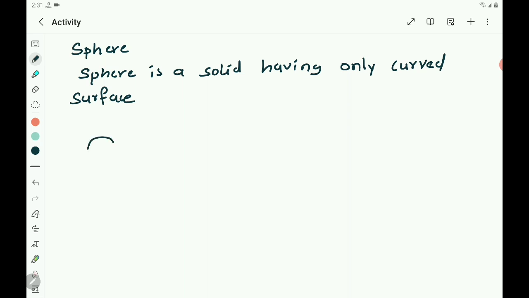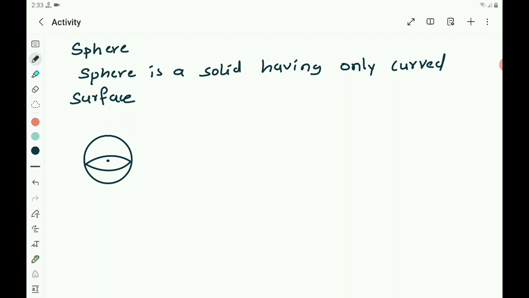You can draw the figure, the sphere. And also you can write that sphere is the set of points that are all at the same distance from a given point in the three-dimensional space.